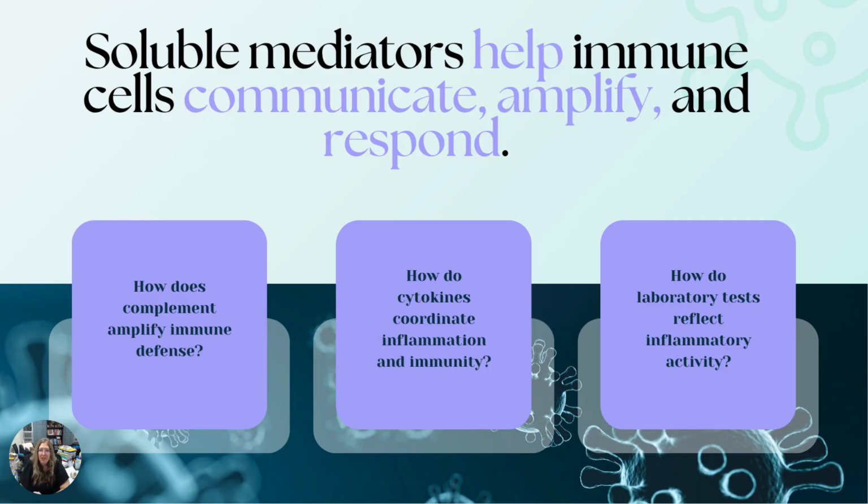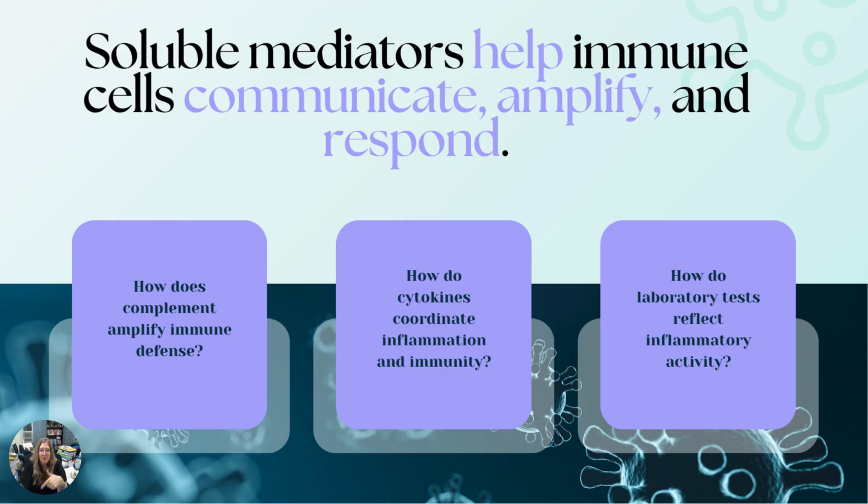So these three questions are essentially the roadmap for this entire lesson. First, how does complement amplify immune defense? Second, how do cytokines allow immune cells to communicate with one another? And finally, because we're laboratorians, how can we actually see the evidence of these processes in laboratory results?